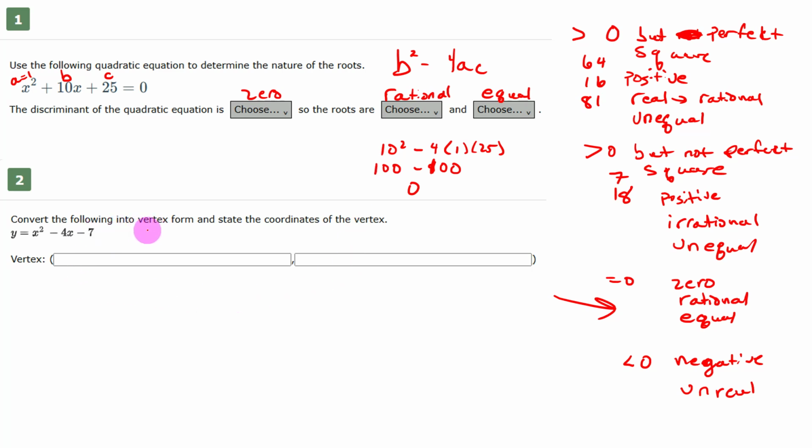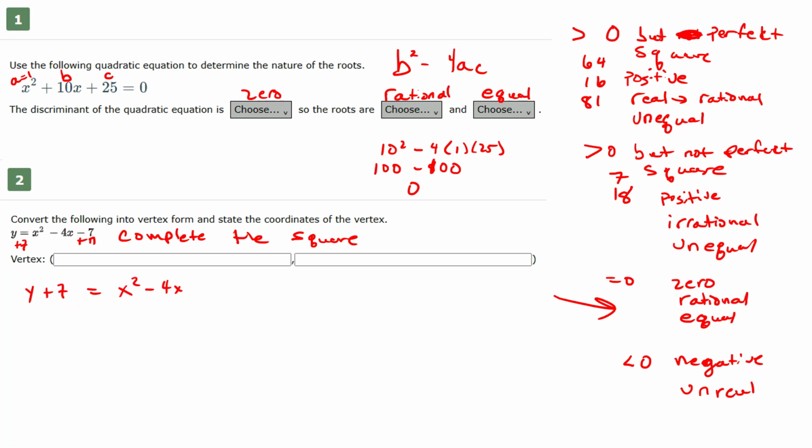Okay, convert the following to vertex form and state the coordinates of the vertex. So we need to do completing the square. First thing we're going to do is get rid of this 7 by moving it to the other side. So y plus 7 equals x squared minus 4x.